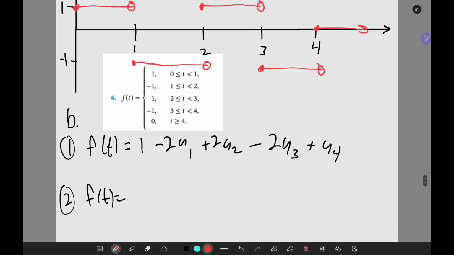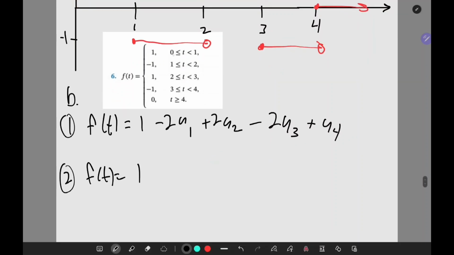But the second way to do it, we have 1, u0. Okay, so u0 is equal to 1. Just going to put that out there. Okay? So you can do it this way. You have 1, u0, just 1, minus u of 1.